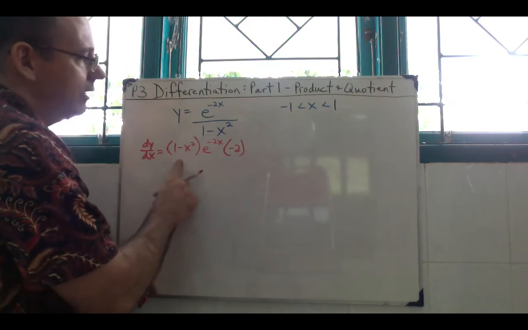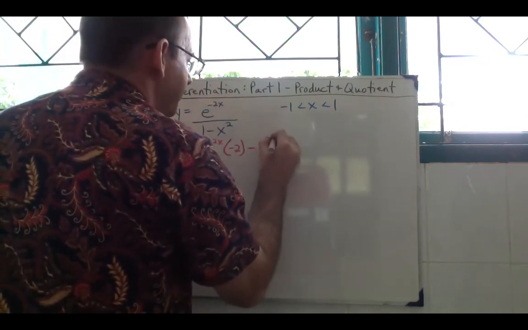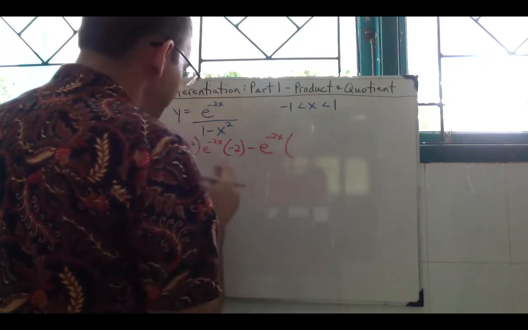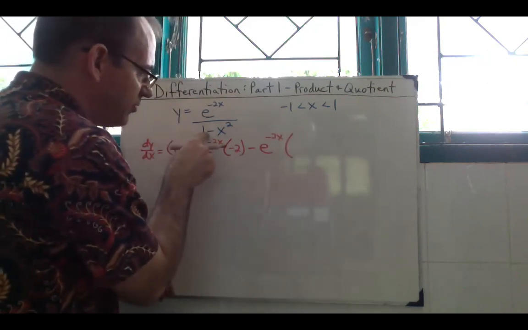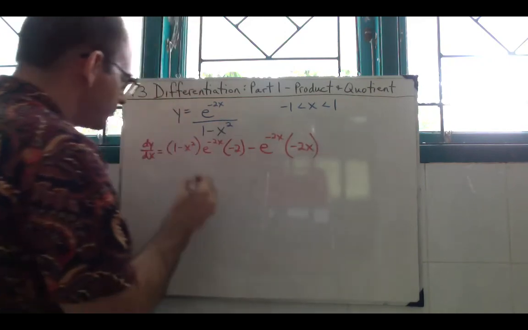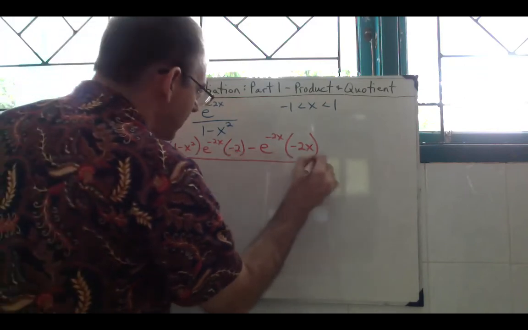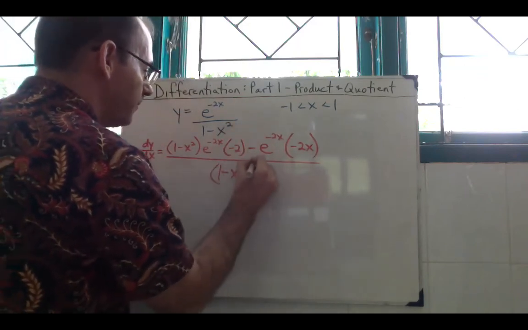So low d high minus high times d low, which the derivative of 1 is 0, and the derivative of a negative x squared is a negative 2x, all over the square of what's below.